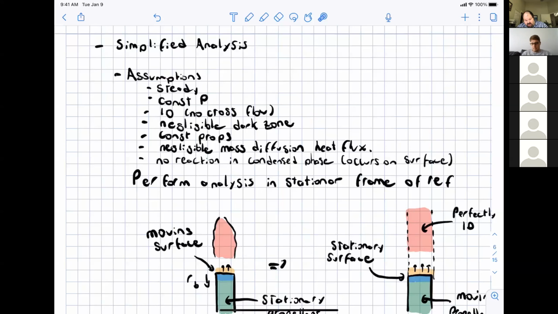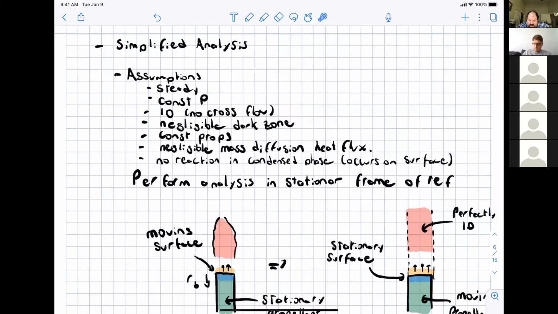And in fact, for our assumption of constant properties, including specific heat, this is actually not an assumption, it's exact. And we'll assume no reaction in the condensed phase region itself.